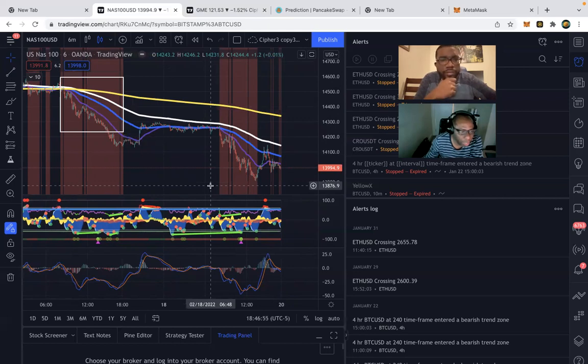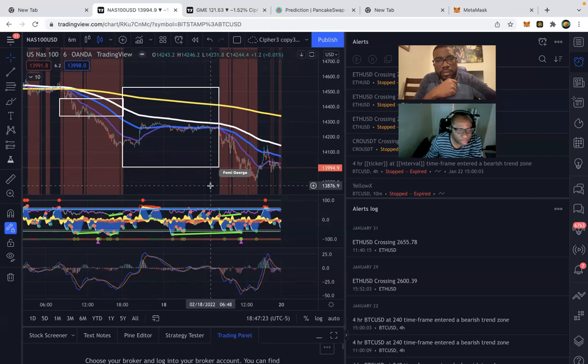Is that because of this bearish setup of the EMAs? You got it. So my question now is, why is this red? When I look at the setup, the EMAs here are bearish. And why is this black?